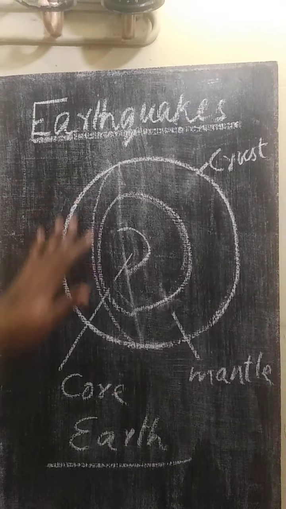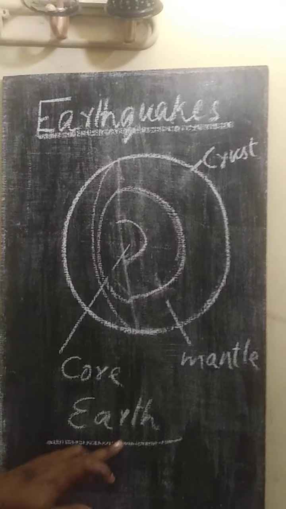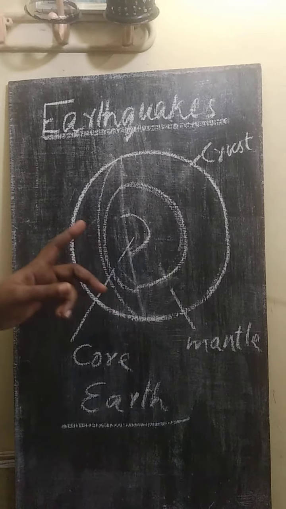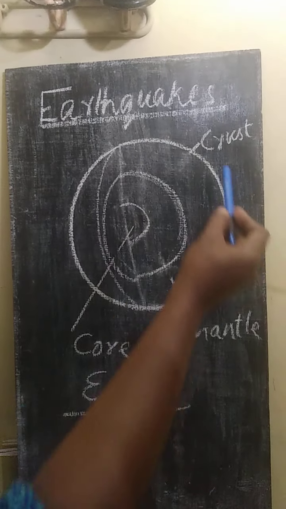Before going to the cause of earthquake, let me discuss what the different layers of the earth are. Earth has 3 different layers, and look at the board to see the structure of the earth. The outermost layer is called the crust.